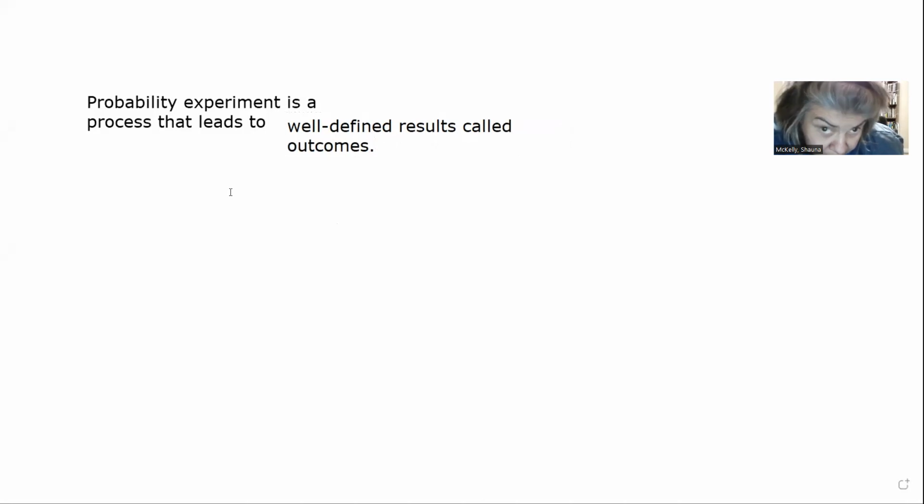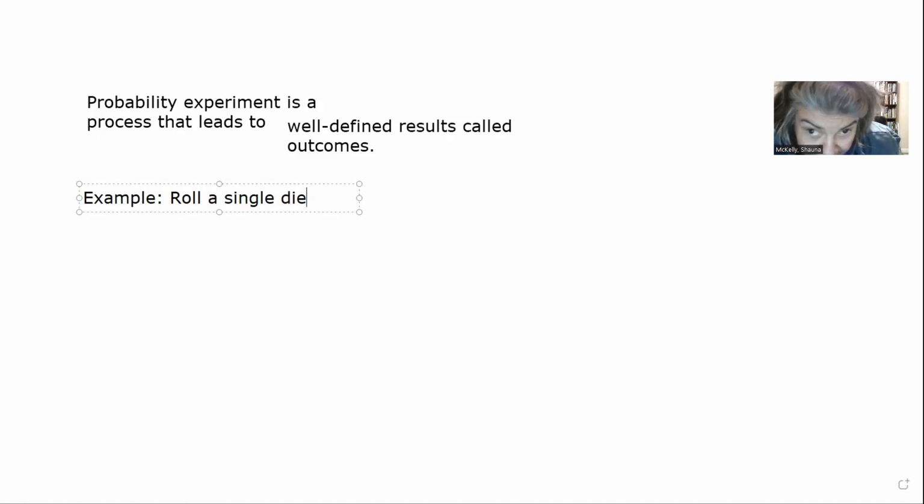That's question 1. The process is the experiment. Let's say my example is to roll a single die. That's the process, rolling a single die.